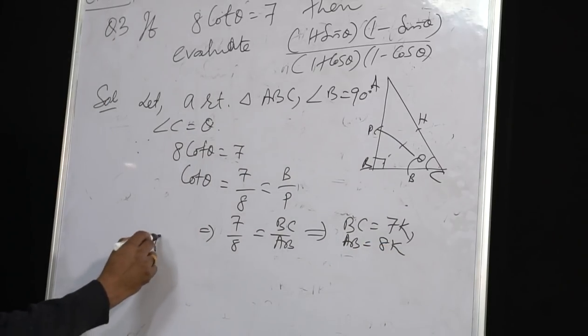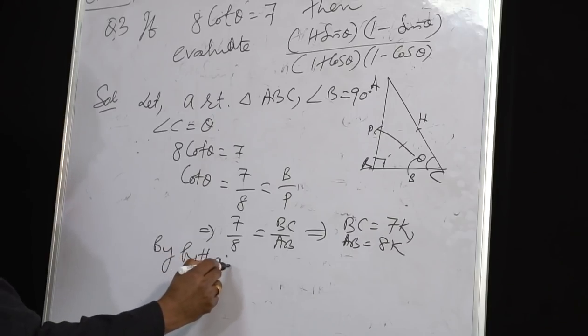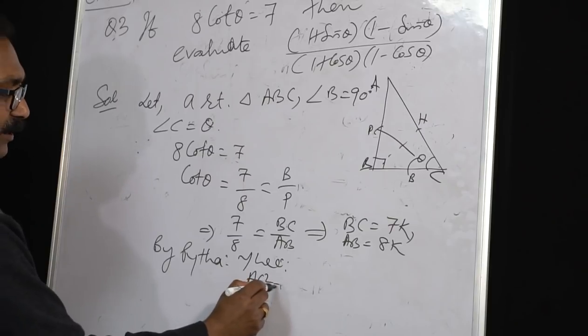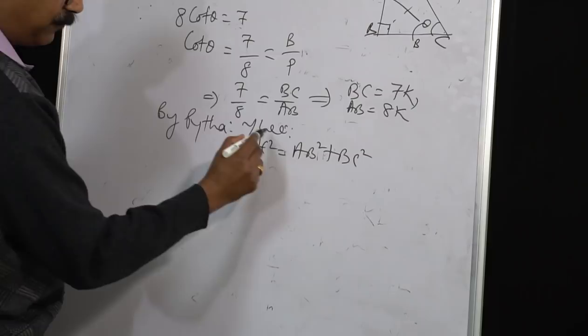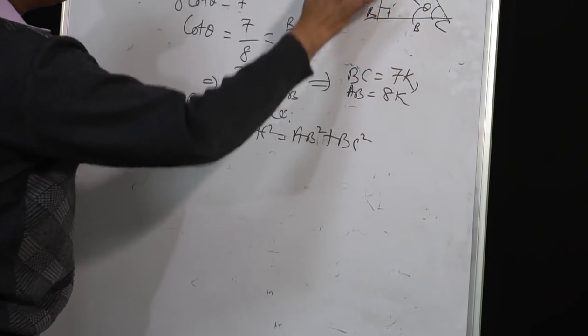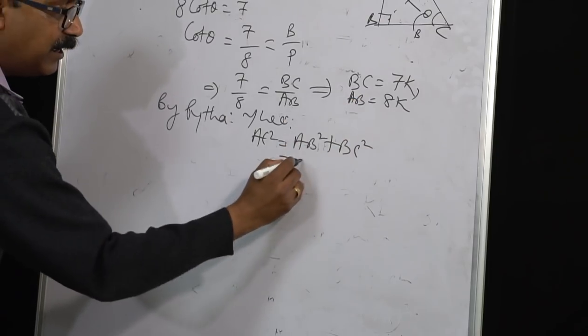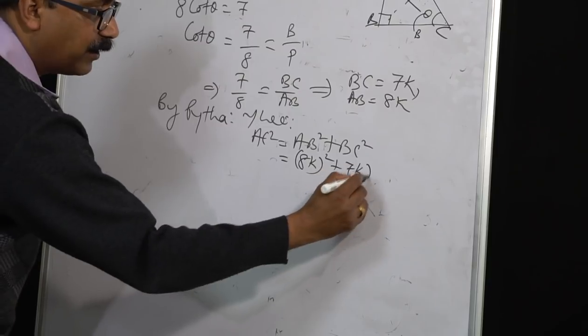As before, by Pythagoras Theorem, what is that? AC square equal to AB square plus BC square. The square of the hypotenuse will be the sum of the squares of these two sides. Clear? So AB is 8K whole square and BC is 7K whole square.